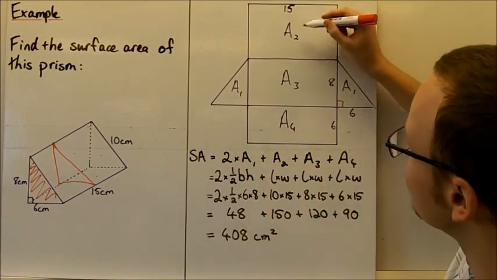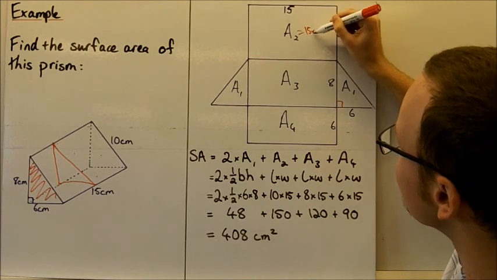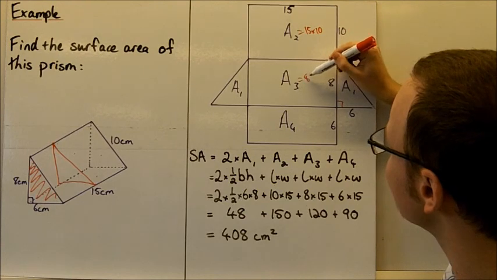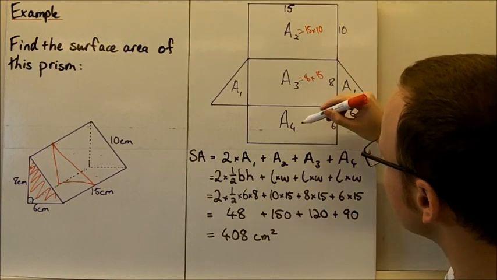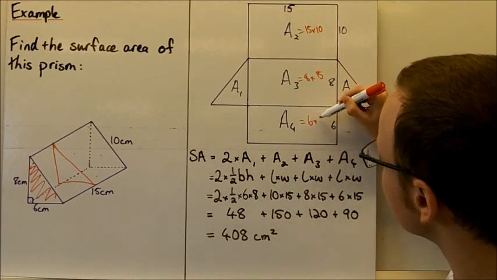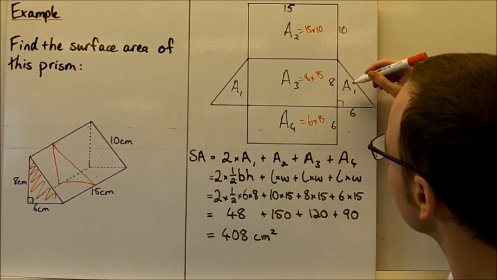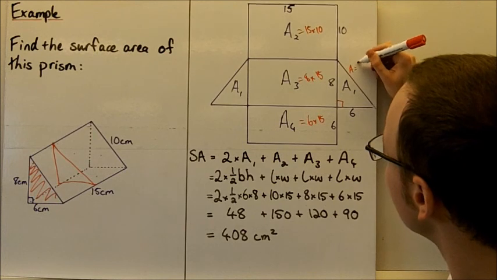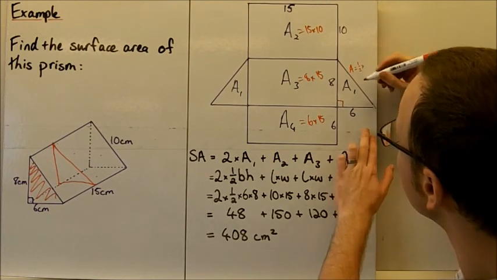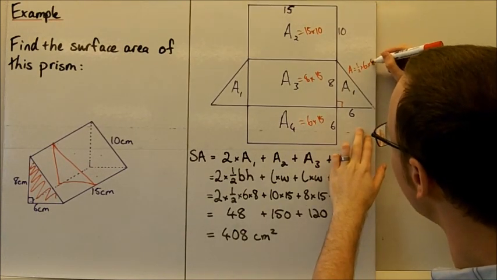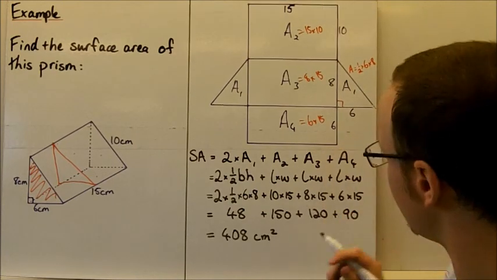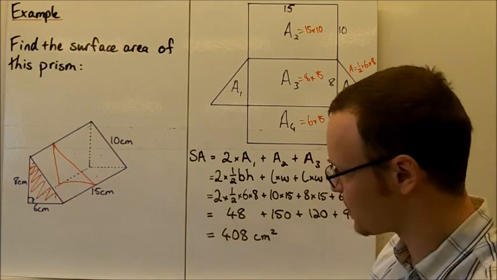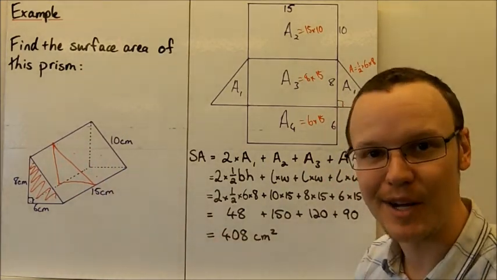So I know that area 2 was 15 times 10 centimetres, this one is 8 times 15, and this one is 6 times 15. These ones here are half base times height, so the area is 1/2 times 6 times 8 centimetres. Okay, so we've reached our answer. The surface area of our whole prism is 408 square centimetres.